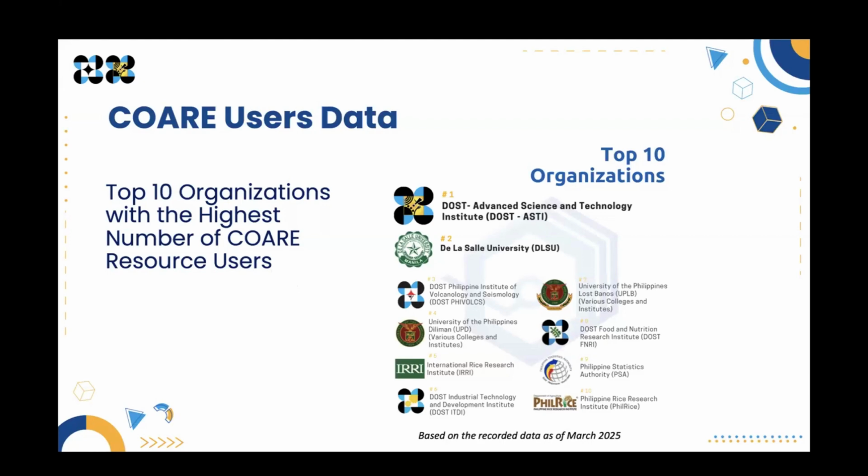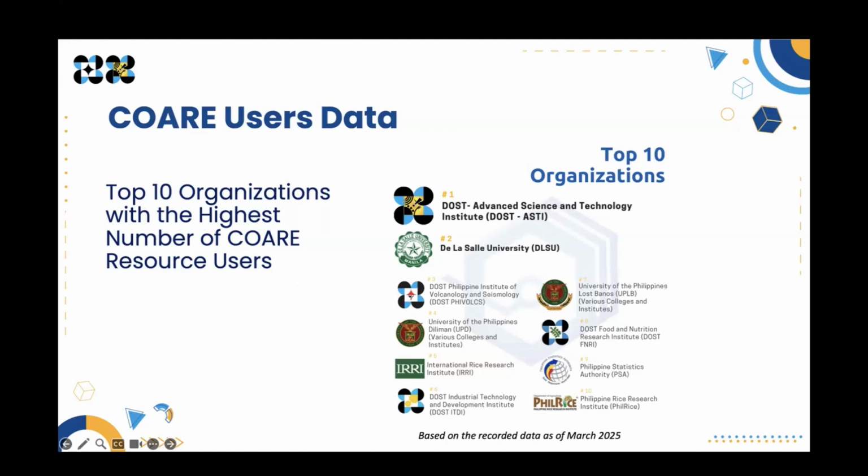So we have a total of more than 400 active researchers from 69 academic, government institutions, even international institutions, using our resources in core. And approximately 6 out of 10 core users are utilizing the HPC service.